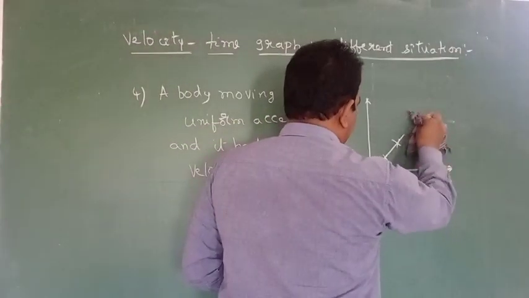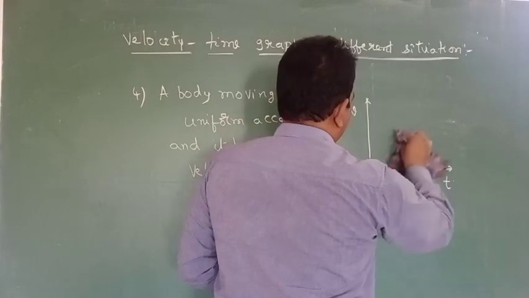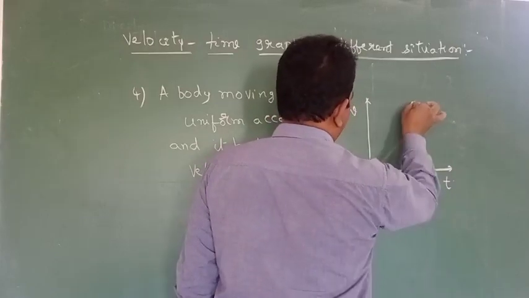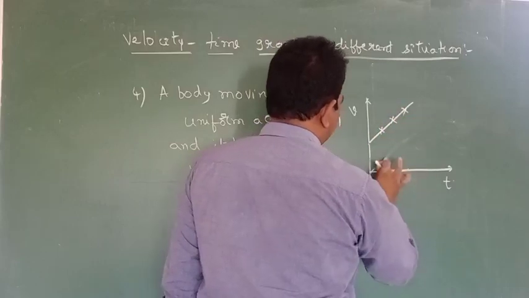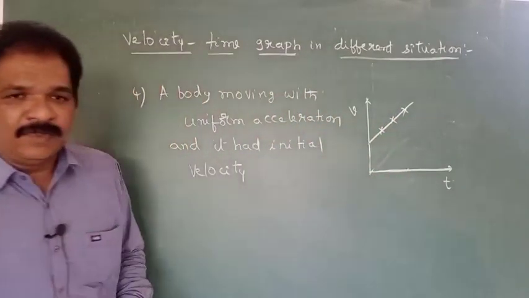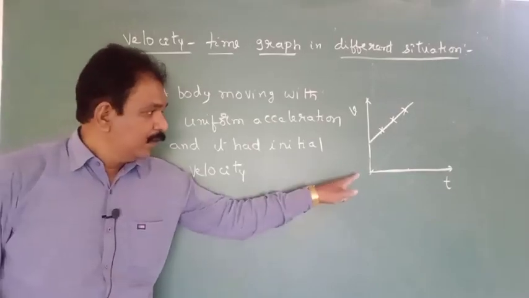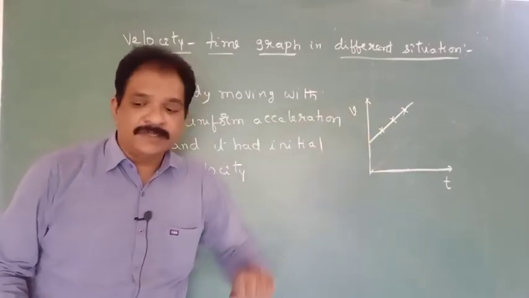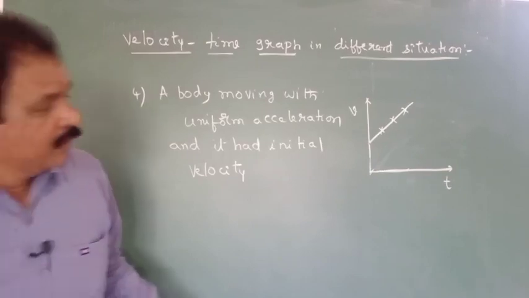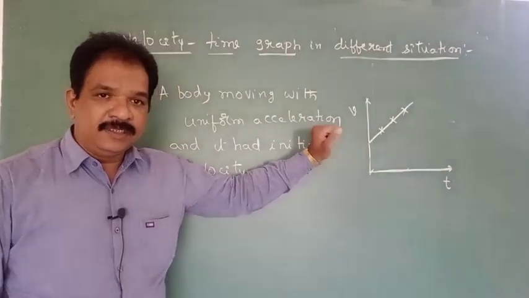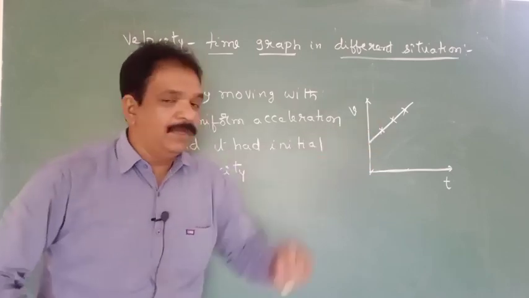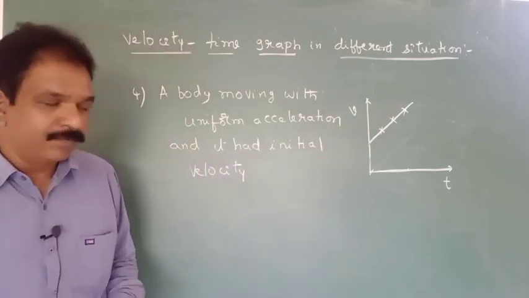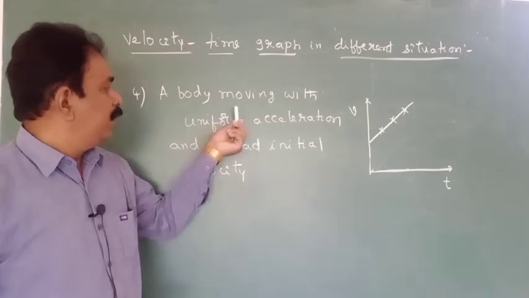In that case, the velocity time graph will be in this manner. Point is clear? Initial velocity is 0, it is a straight line passing through the origin. If initial velocity is not 0, then the graph shape will be like this. Clear?